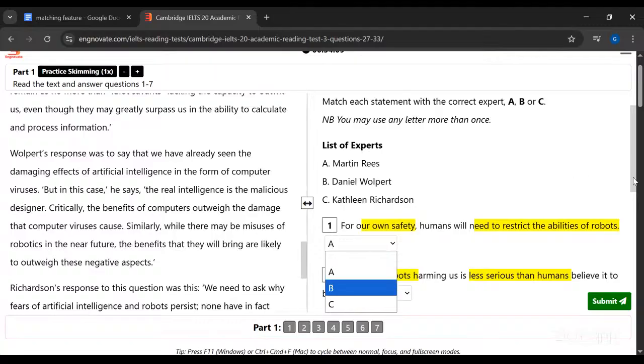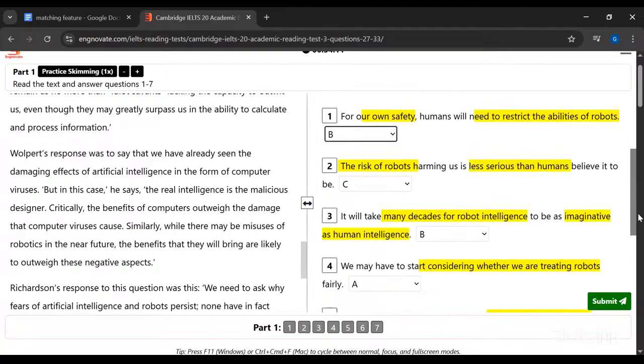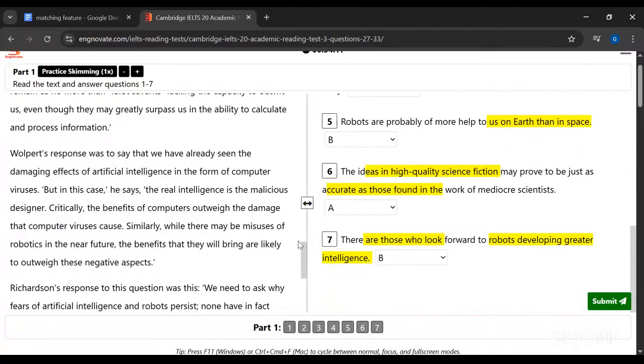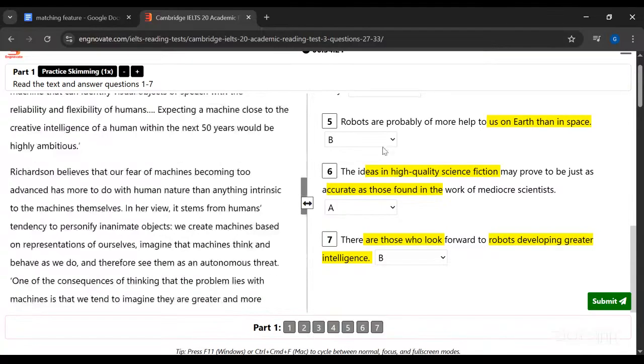Go for it. If anyone has any confusion, they should consider it again. If anyone wants to go for any statement again, four Bs.